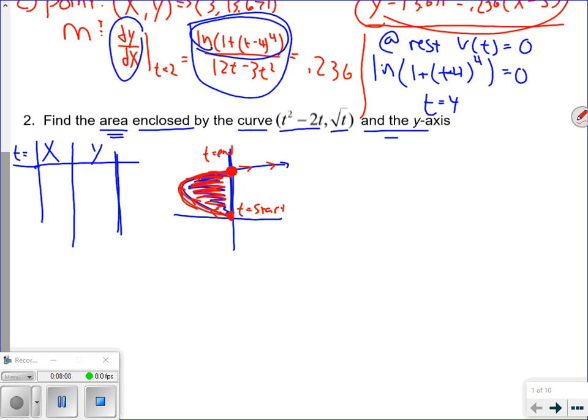Well, what they have in common is that at both of these points, the position for x is equal to 0. So if we take our x position and set it equal to 0, I can solve for those 2 points. Right? We get t equals 0 and t equals 2.